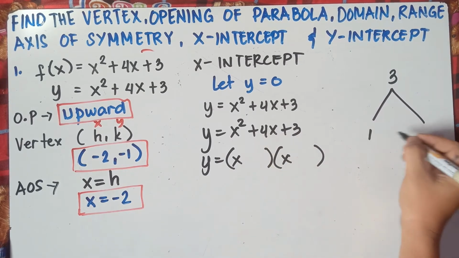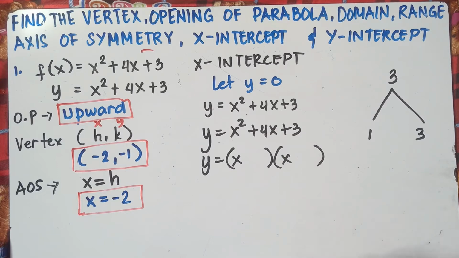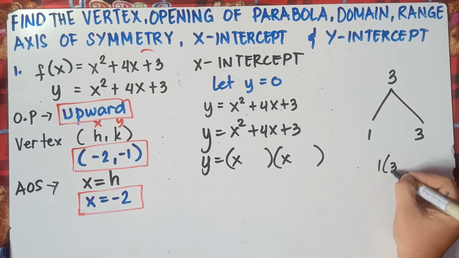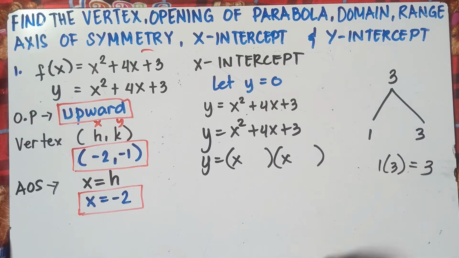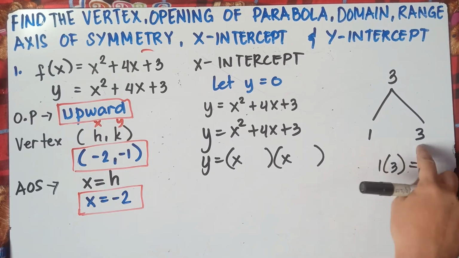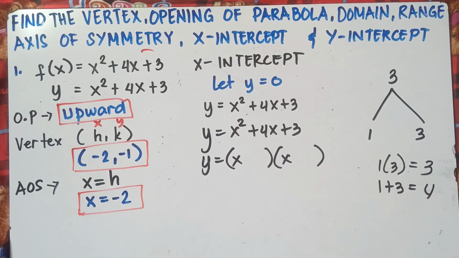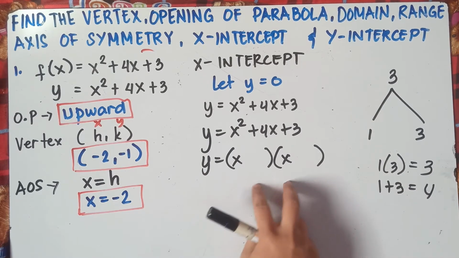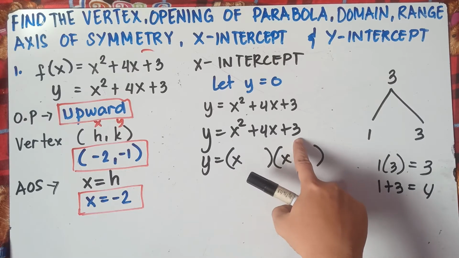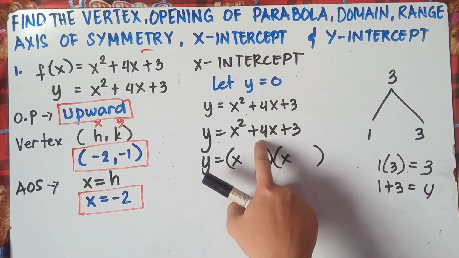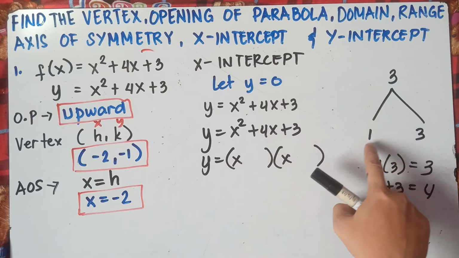Of course, there would be 1 and 3, right? Now you'll be asking, why is that, sir? Because if you multiply 1 and 3, 1 times 3, that is 3. If you combine 1 and 3, 1 plus 3, that is 4. So once again, class, to factor this out, you find two numbers that multiply to 3 and add to positive 4, and the answer would be 1 and 3.